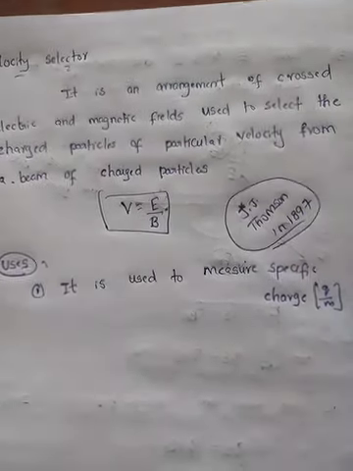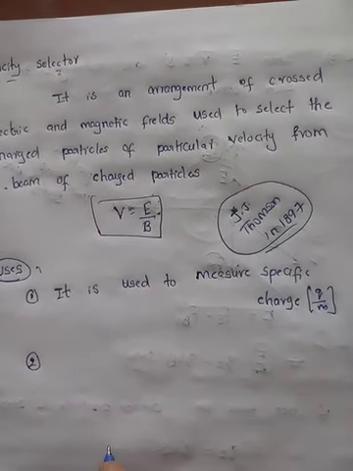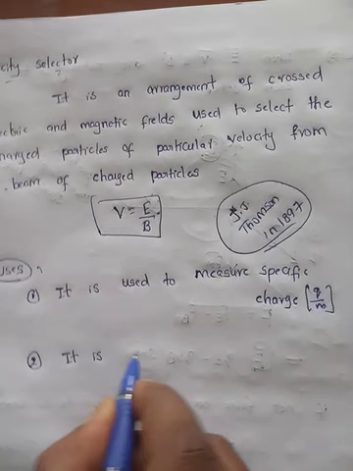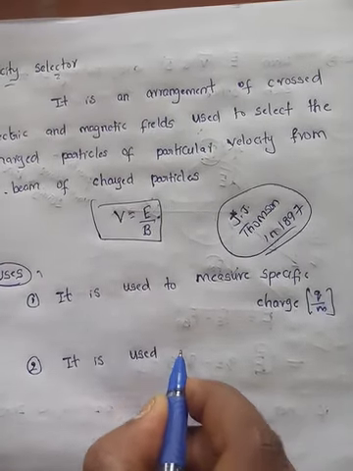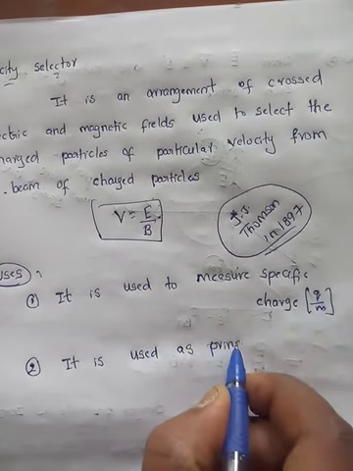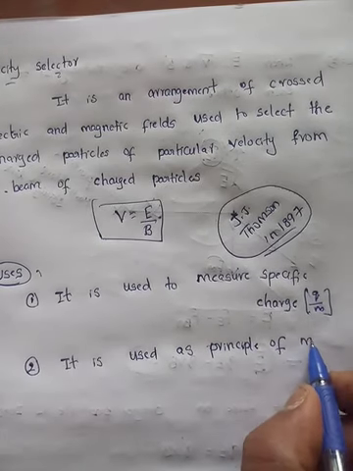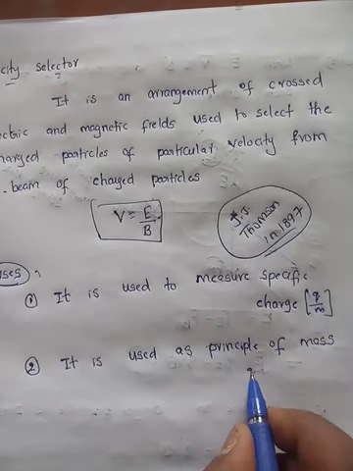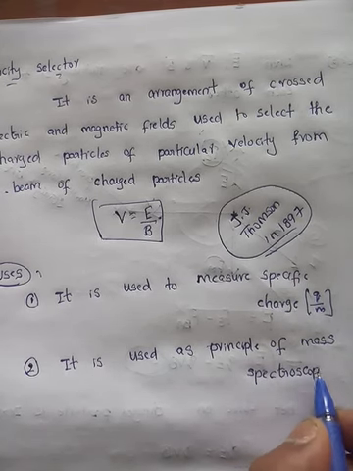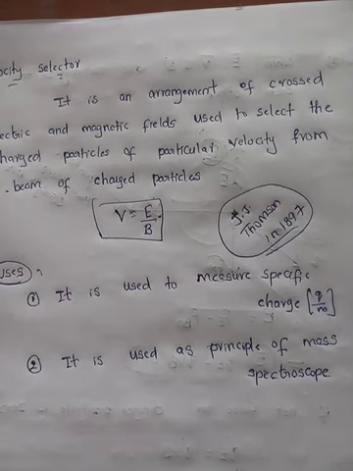He used the same principle of the velocity selector, and we can also use it as the principle of the mass spectroscope. What is mass spectroscopy?